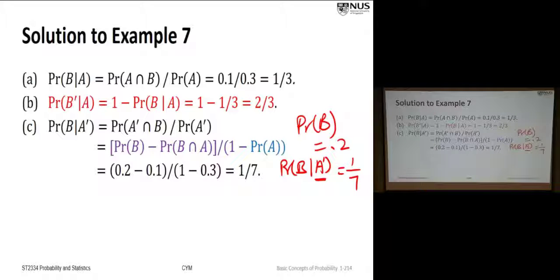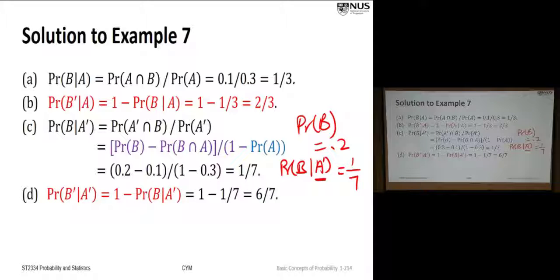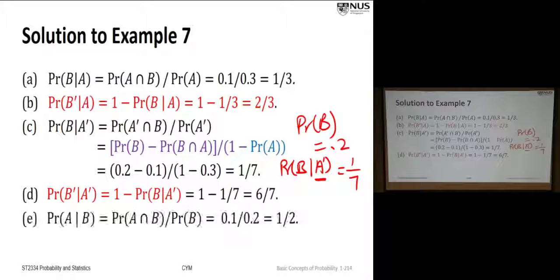So in other words, if we have some information about what happened in the morning, then we predict that the afternoon will have a slightly better chance of a better lecture. So the chance reduced from 0.2, 20%, to 1/7. 1/7 is roughly 0.14 or 0.15, 15%. So this is how you get the D part, and E just follows from the definition.